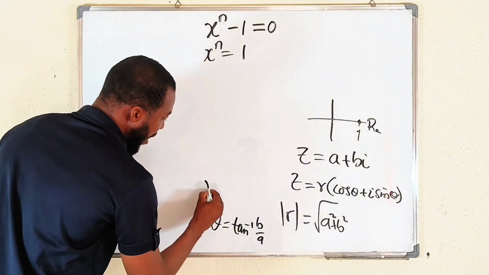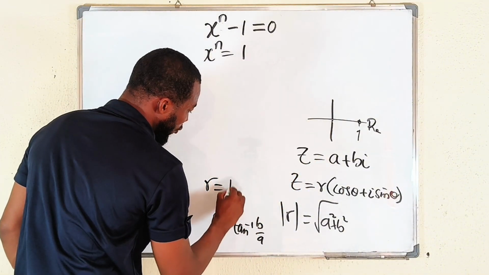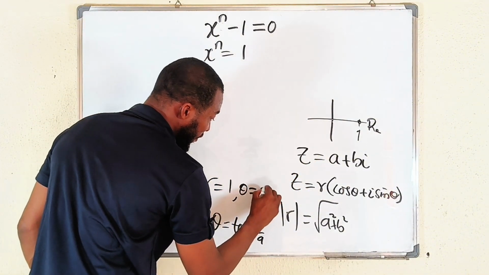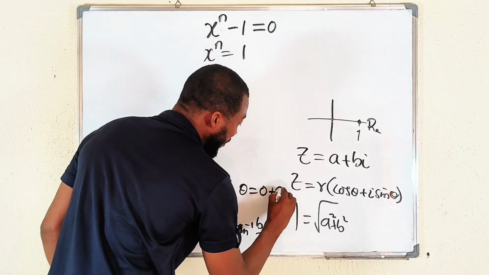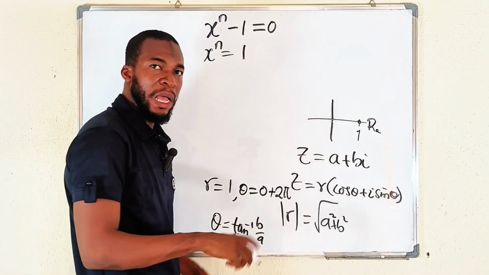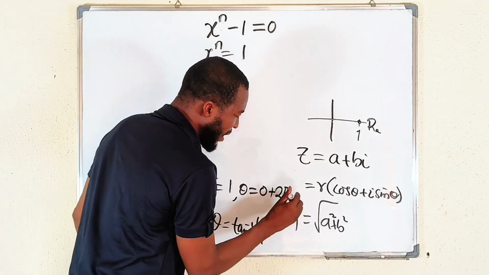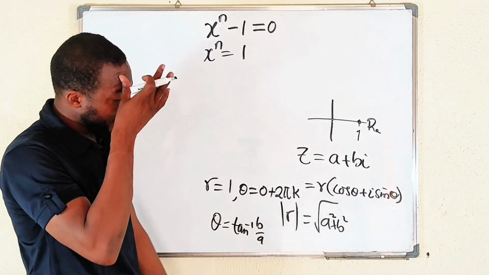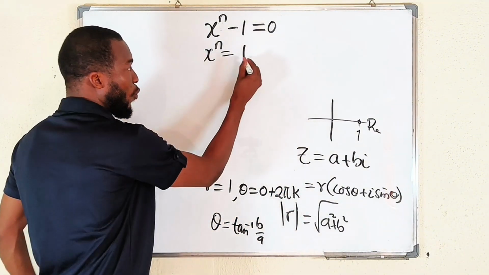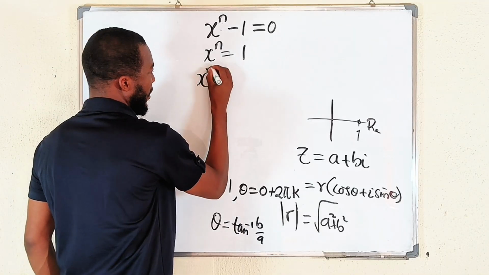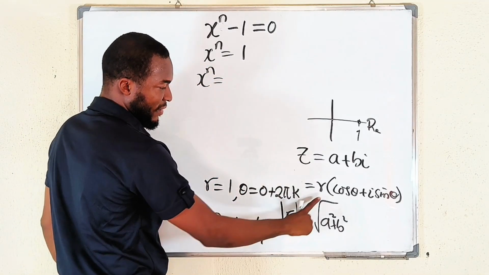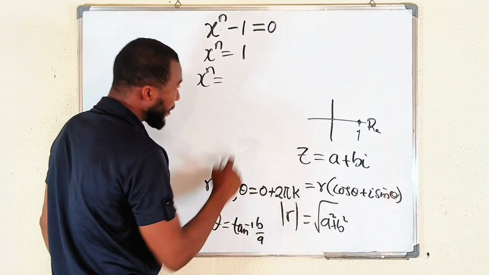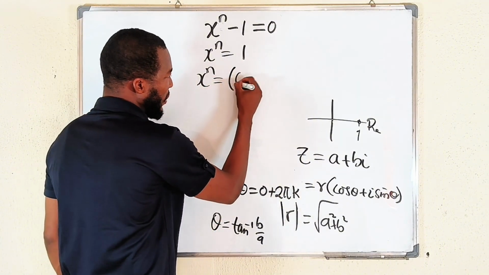So you can see that r from the plane is 1 and theta is equal to 0, but we can keep on adding 2 pi, 360. How many times? We don't know. So we can attach k here. All right. It means that this 1 is the same thing as r, which is 1, so we don't have to write it.